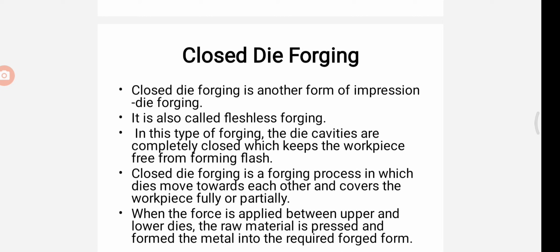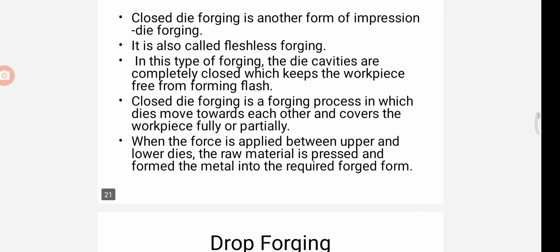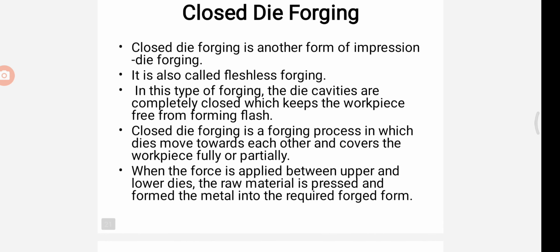When we apply a force between the upper and lower die, the raw material is pressed and forms the metal into the required forged form. The process provides precision forging with a close dimensional tolerance. It is very important for close dimensional tolerance. Closed die forming is more expensive than open die forming. So this is closed die forming.